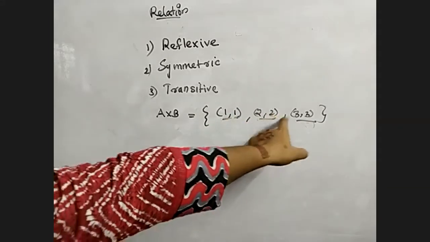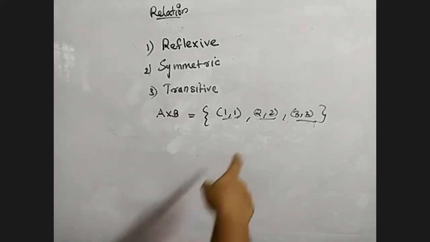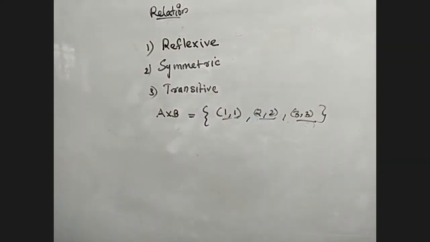Then I can say it is reflexive. So this is an example for reflexive relation. Just note down what is reflexive. That means (x, x) is an element of this relation R. Then it is reflexive.